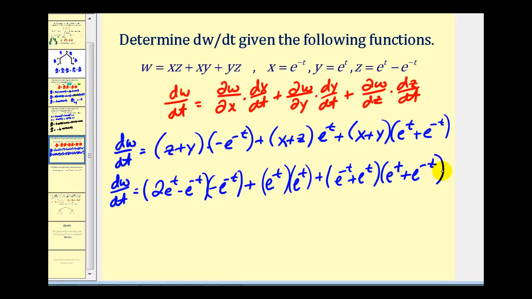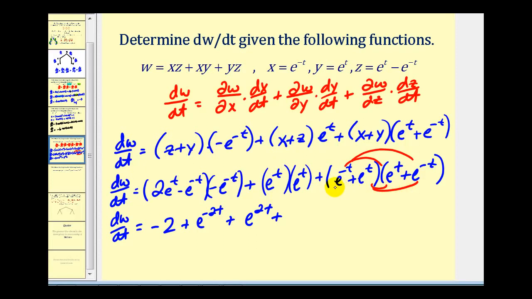Now let's go ahead and multiply this out and then simplify it. Looking at the exponential parts, we're going to add the exponents. That's going to be e to the 0, that's going to be 1. So we have negative 1 times 2, that's negative 2, plus e to the negative t plus negative t is negative 2t, plus e to the 2t, plus, and here we're going to have to FOIL this.